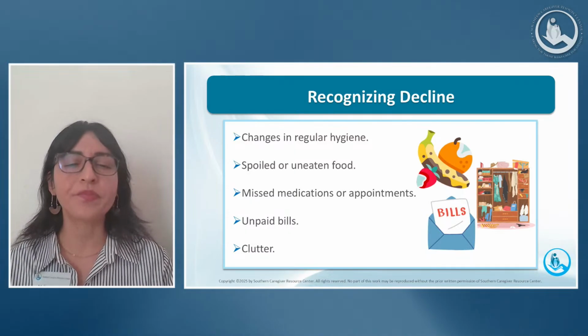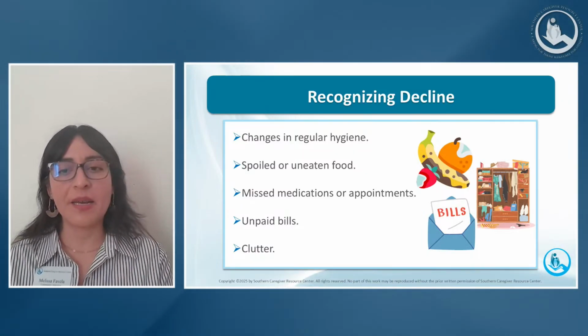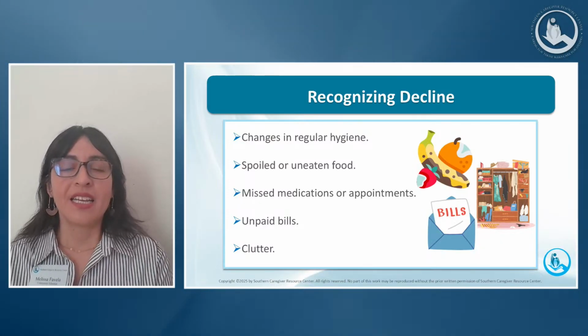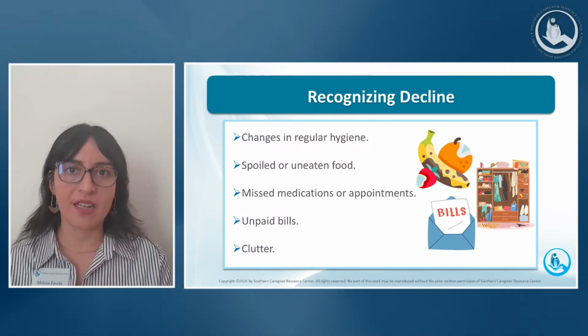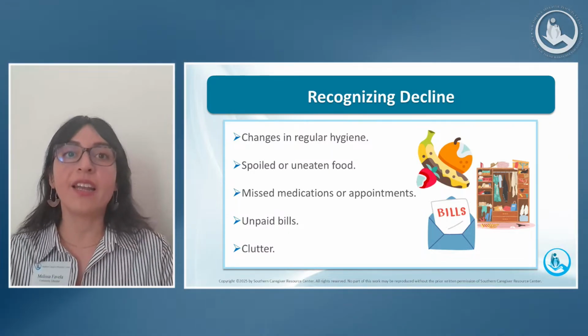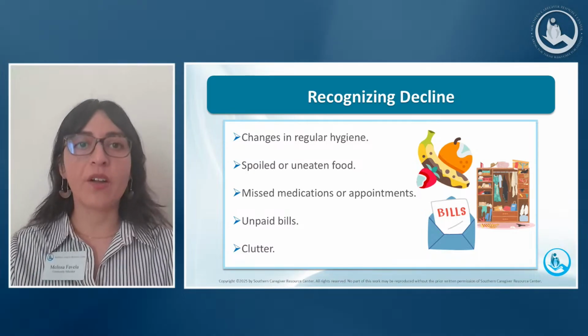What is going on? And then, of course, clutter. Clutter is a big one. This is something that can be gradual, but it can also be sudden. And so clutter is really one of the bigger indicators that there's things going on with care receivers.